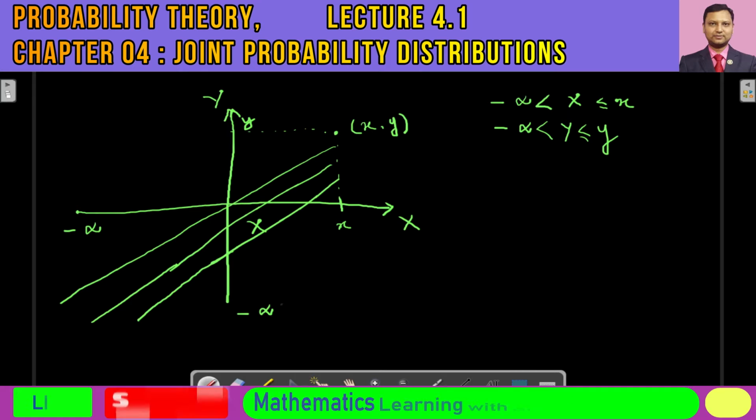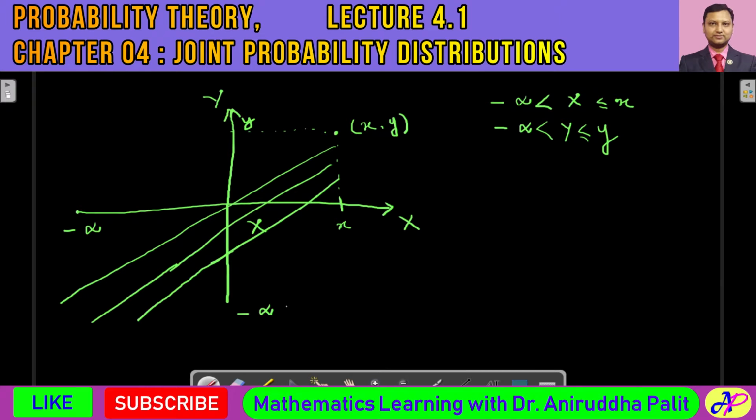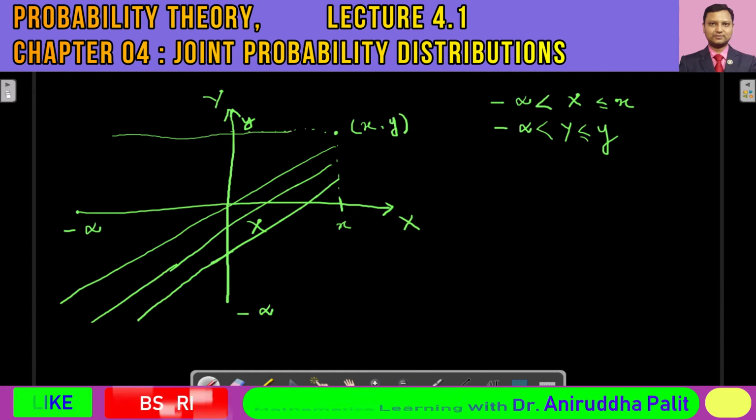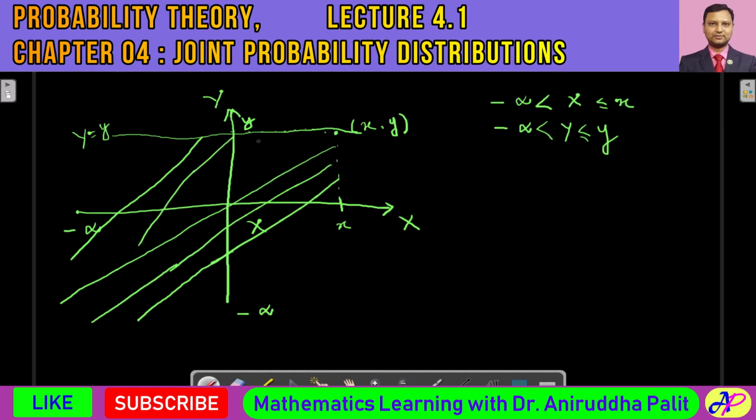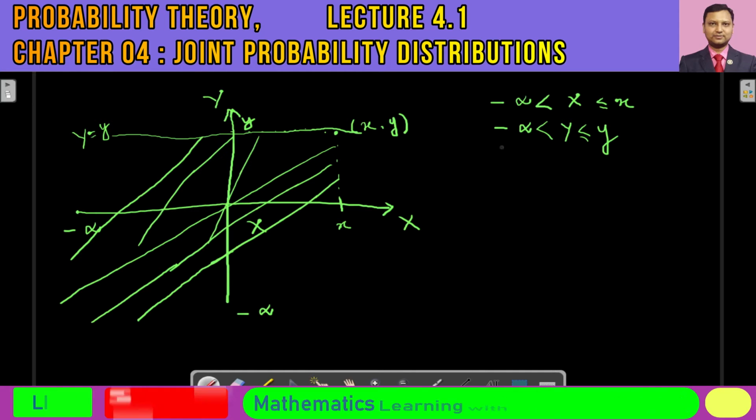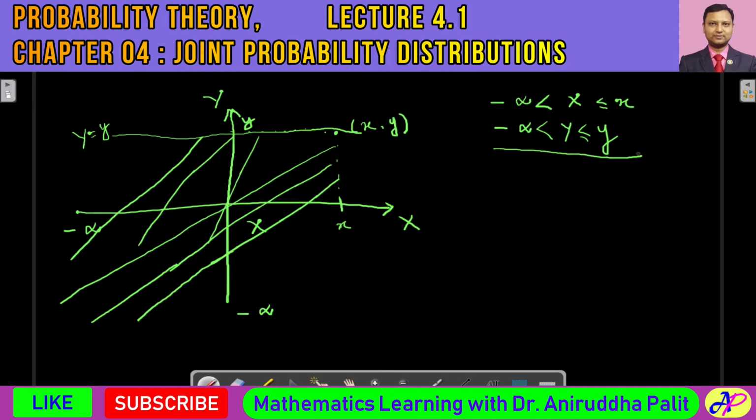In case of capital Y, this is minus infinity. So if we consider small y, this is the value of small y. This would be the straight line, capital Y equal to small y. And below this straight line, the inequality minus infinity less than capital Y less than or equal to small y will be satisfied.